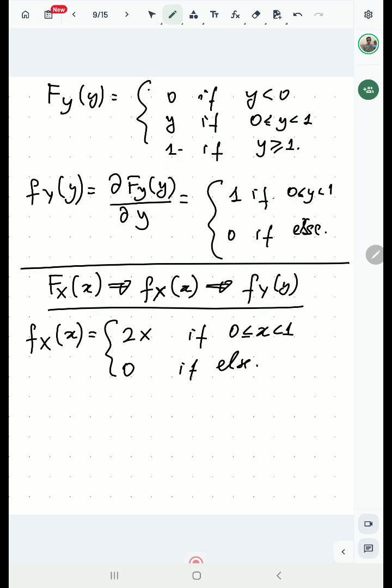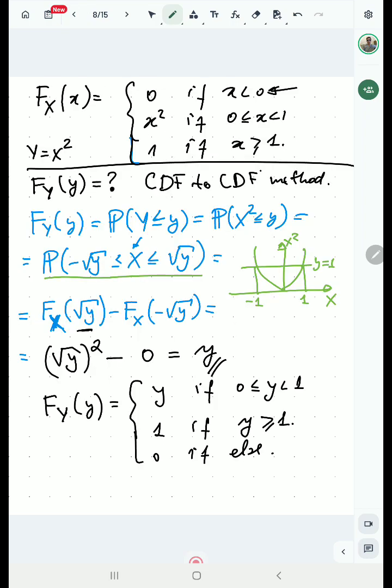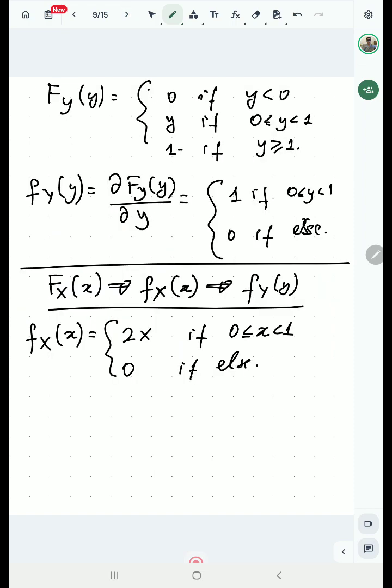Right, we just took the derivative of x squared. The CDF of x is x squared, and if you take the derivative, it's 0 everywhere except for the 0, 1 interval. When x falls within the 0, 1 interval, the PDF is just 2x. Then after you get it, you can use the transformation method.